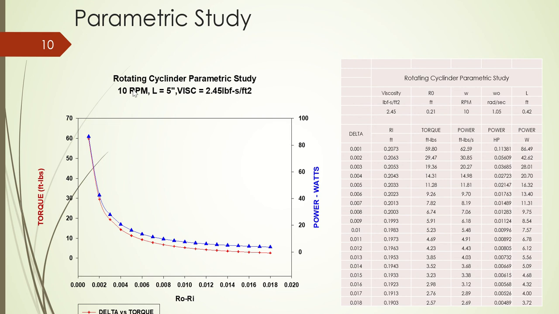And as we look at the gap, we can see indeed that as the gap gets smaller and smaller, the torque necessary to overcome shear, the torque necessary to overcome drag, increases significantly for extremely small values of the gap.